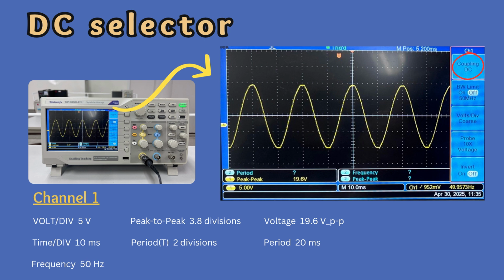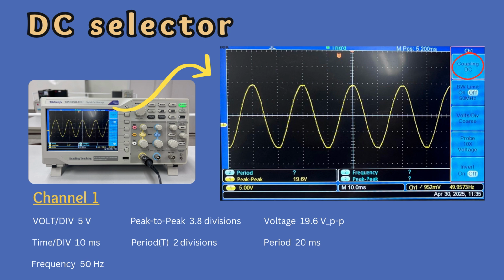Let's see the value of it. At the bottom of the screen, 5 volt is the voltage division. At first, I will show you for the vertical axis and horizontal axis is the same. If we consider as a box, one box have one division, and inside the box we have about 5 lines.